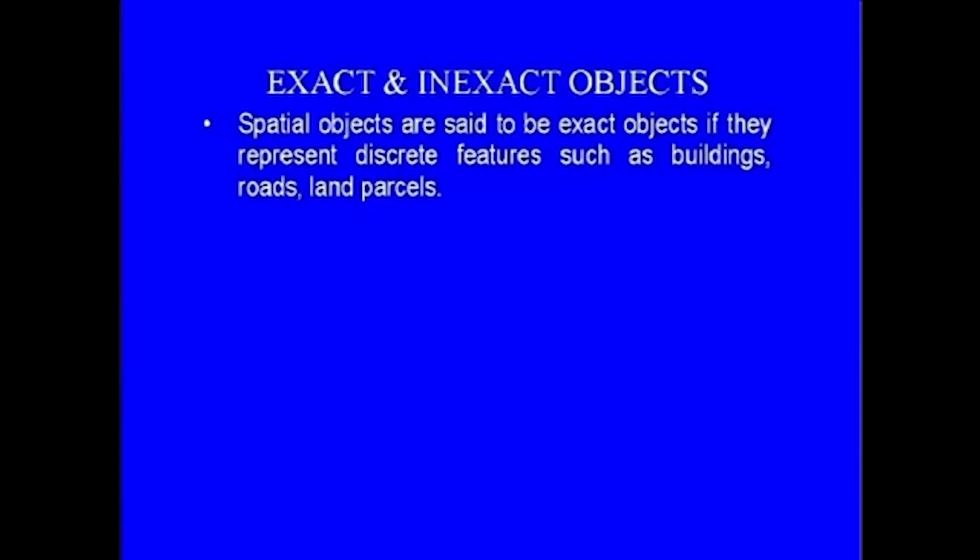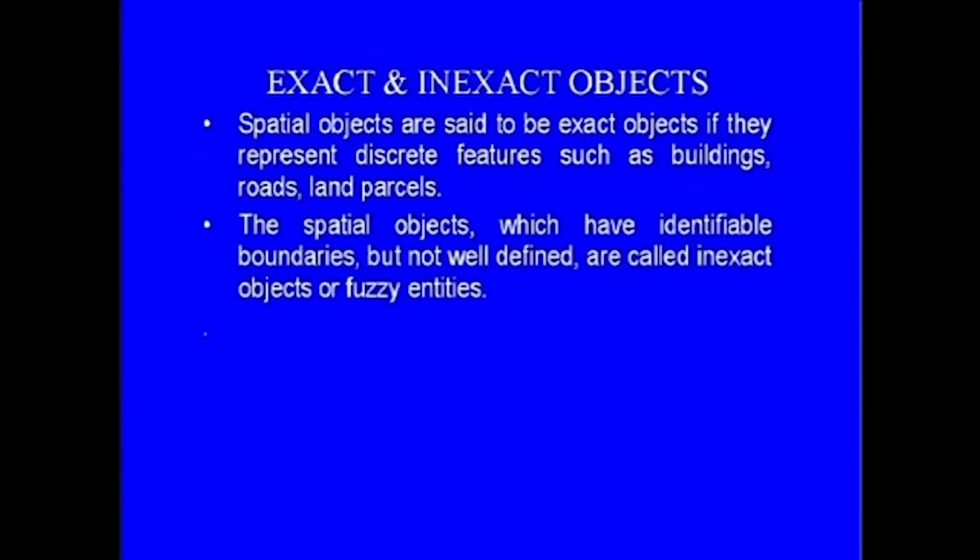So, let us look at what are exact and inexact objects. Spatial objects are said to be exact objects if they represent discrete features such as buildings, roads and land parcels. The spatial objects which have identifiable boundaries, but not well defined, are called inexact objects or fuzzy entities.